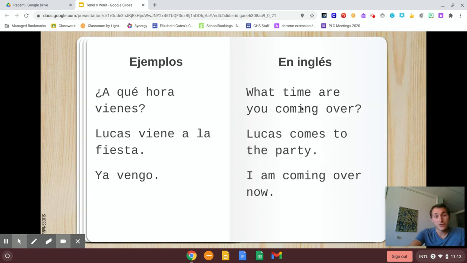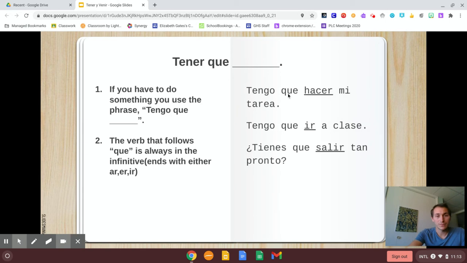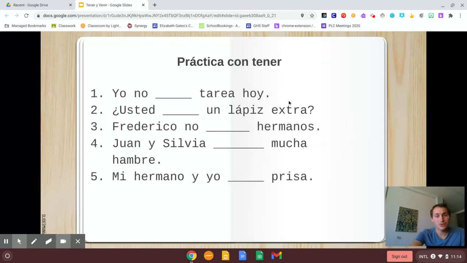First, let's go back to slide number something, and let's do this, práctica con tener. I'm going to read through it, and I want you to work on the Google Slides, filling in the slides. Yo no tarea hoy. So fill this in with the correct form of tener. ¿Usted un lápiz extra?